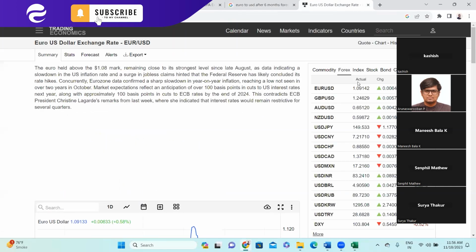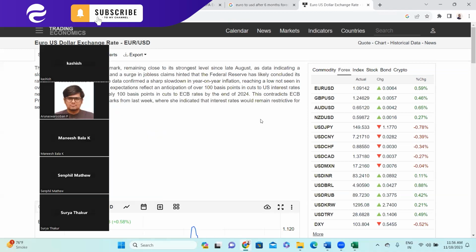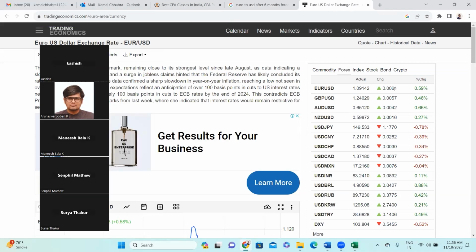Can you see this chart on the left hand side? So it may increase by 0.0064.